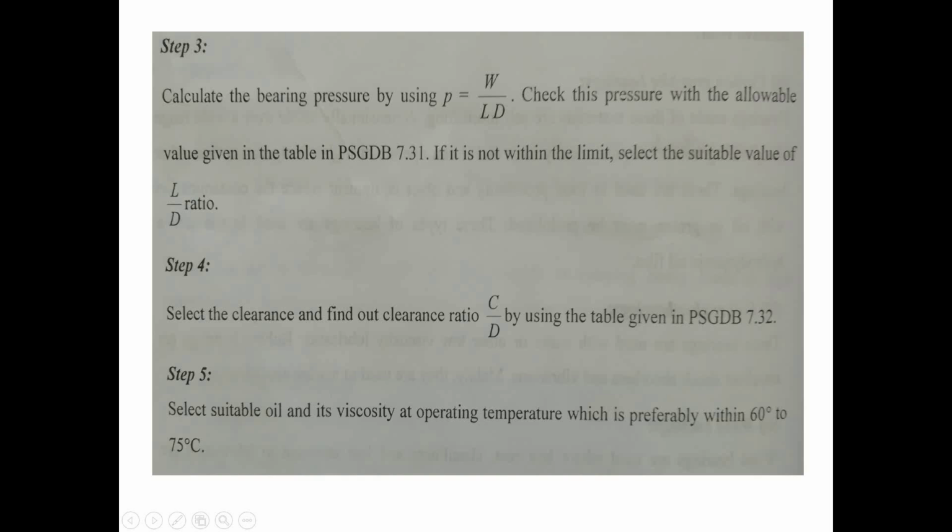And fifth step is to select the suitable oil to increase the efficiency of the moving part. Only to increase the efficiency of the moving part are we giving the bearing. That is the main concept.